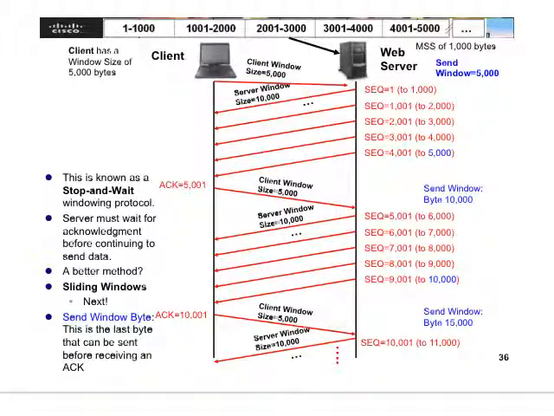But doctor, how can the client send an early acknowledgement? Why not? What is stopping the client from sending an acknowledgement here, for example? Okay, but then at the end he has to wait for the 5 to send. No, that's what we're saying: just the fact that the window size is 5,000 doesn't mean that the receiver has to wait for all the 5 segments to come before it sends acknowledgement.